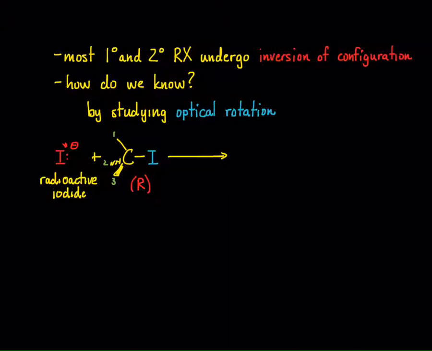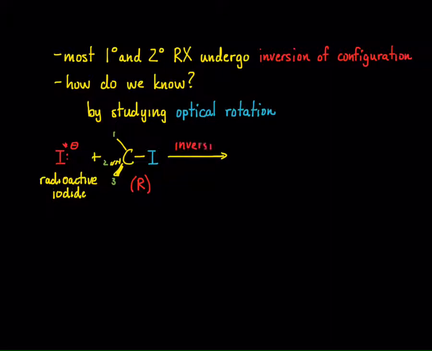When the radioactive iodide reacts, notice our product is going to be the same as our starting material. It's just that we get either inversion of configuration where the absolute configuration changes, or we get retention of configuration where the absolute configuration remains the same and the optical rotation remains the same, or we get a racemization where you get both R and S, and eventually the optical rotation would go to 0 because you have a racemic mixture.